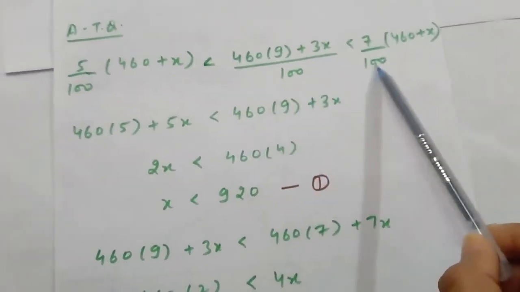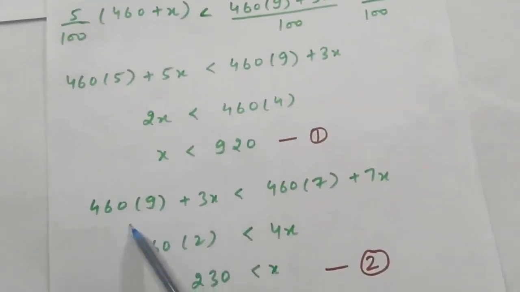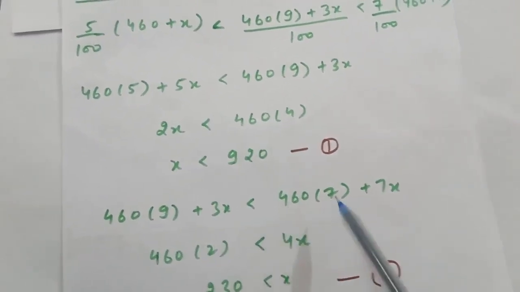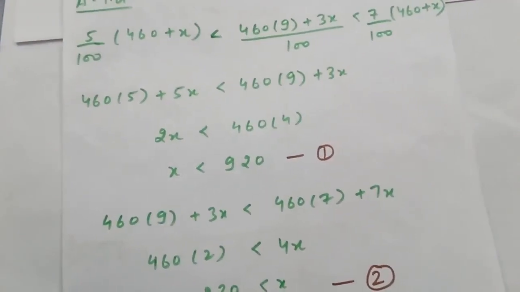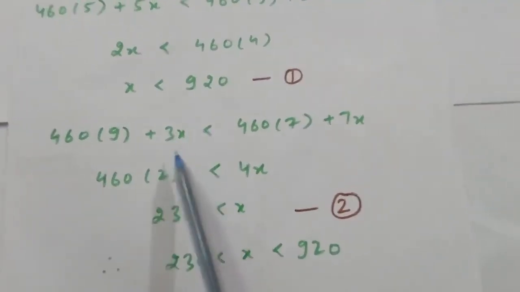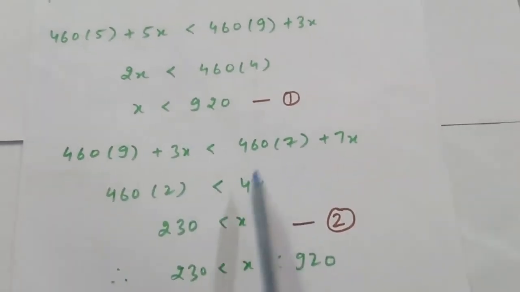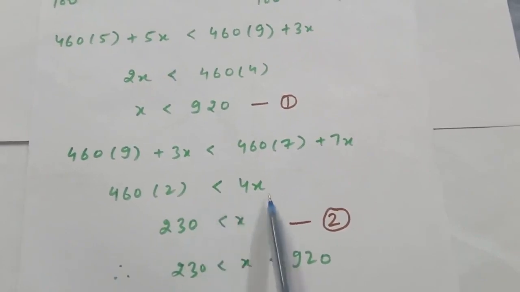Now we will solve this part. Multiply both the sides by 100. So you will get 460 × 9 + 3x < 460 × 7 + 7x. Now subtracting 3x and this term from both the sides, you will get 460 × 2 < 4x.